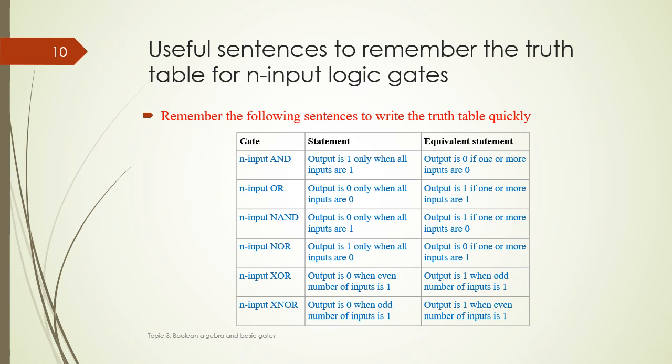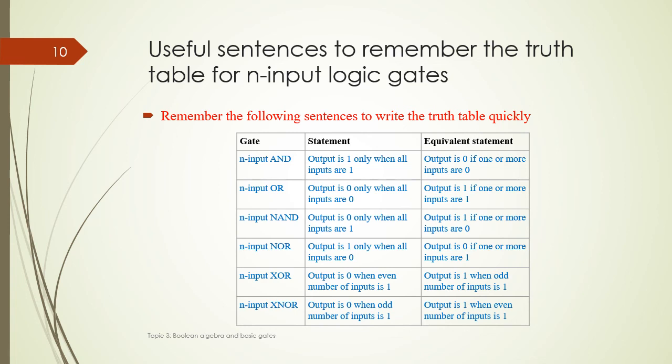For n input XOR, the output is 0 when an even number of inputs are 1. So you need to count how many ones you have in the input variables. If it's an even number, your output is 0. If it's odd, your output is 1. And XNOR will be the opposite.